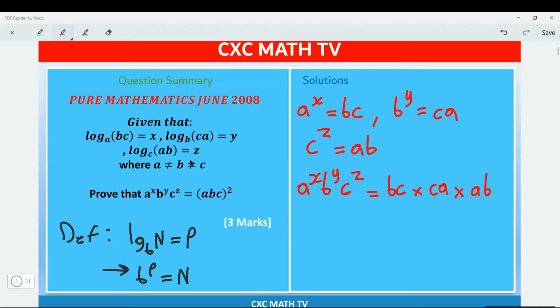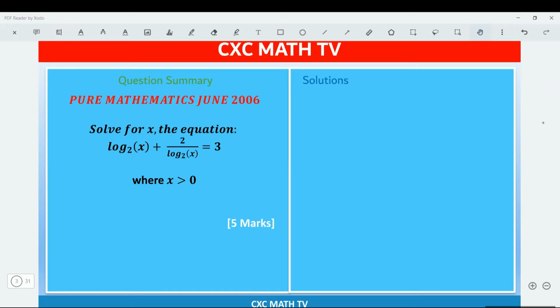And as we do that, we know that A times A is A squared, B times B becomes B squared, and C times C becomes C squared. And so this becomes (ABC) all squared. And that's it right there. Nice and easy. That wasn't too bad. That was from 2008.